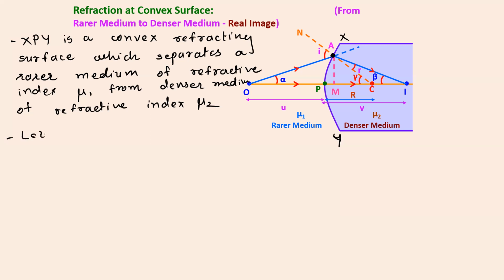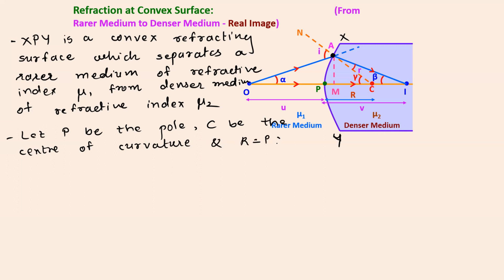Yes. So let P be the pole, as whatever we discuss, that only we are writing, nothing else. C be the center of curvature, and R is equal to PC, the radius of curvature of this surface.